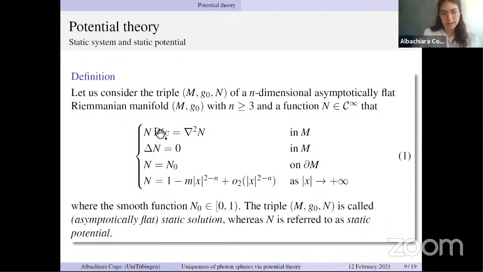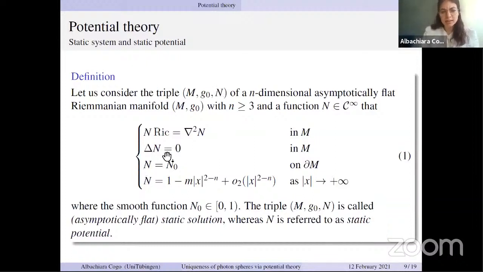The first two are the PDEs that correspond to the Einstein equation, the static Einstein equations, and they are written in terms of the Riemannian manifold: the tensors and connection of the Riemannian manifold, the Laplace-Beltrami operator, and the lapse function, which more generally is called static potential.